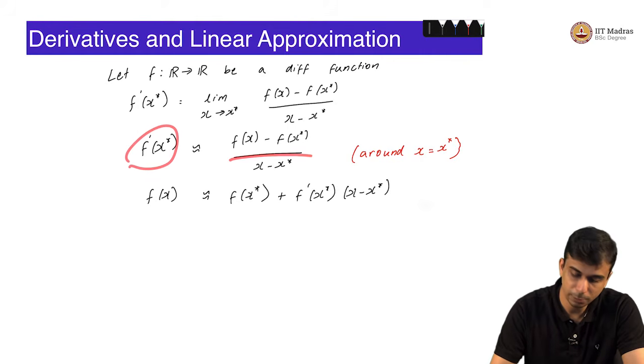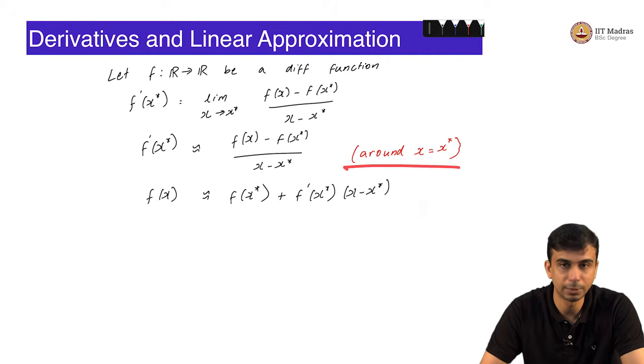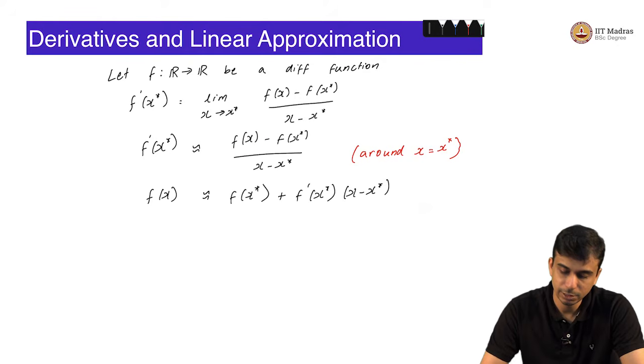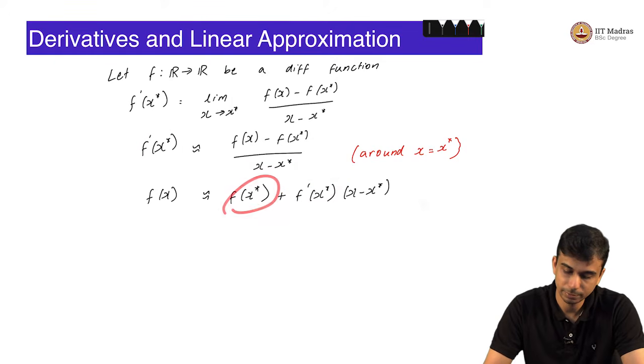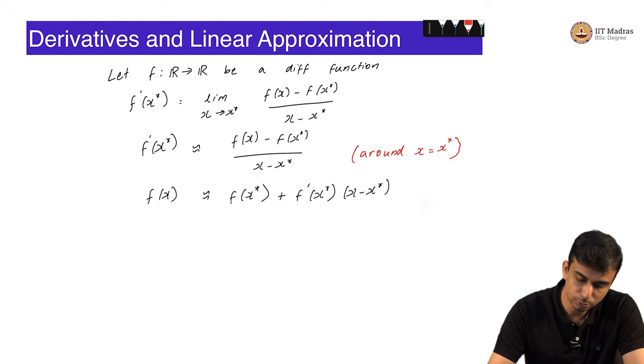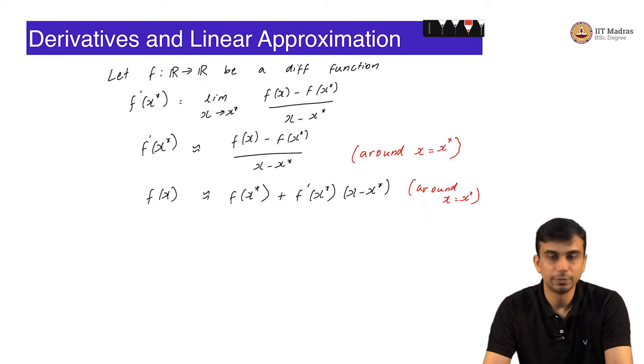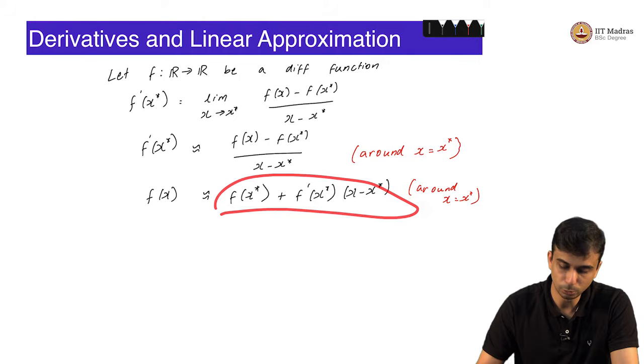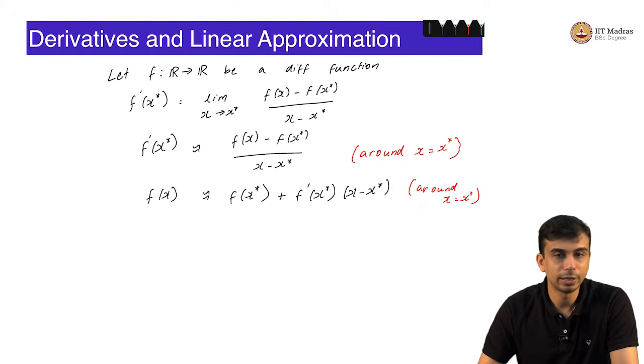So, f dash of x star is approximately equal to f of x minus f of x star by x minus x star around x equal to x star, which means that f of x is approximately equal to f of x star plus f dash of x star into x minus x star. This is also true around x is equal to x star. Right. When x is close to x star, this is true, and this is called a linear approximation.